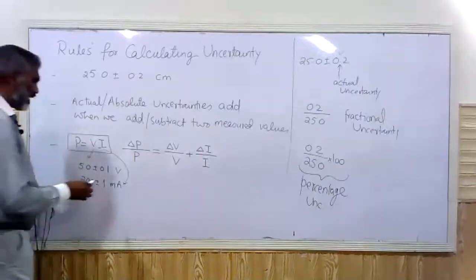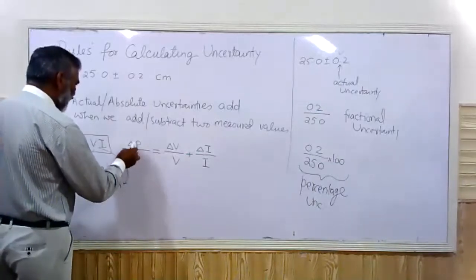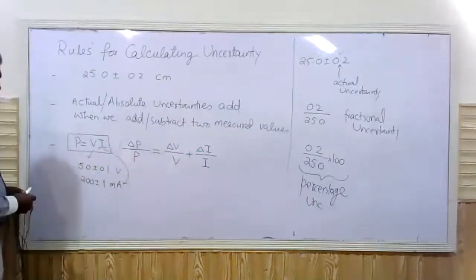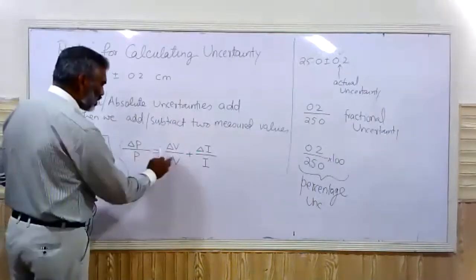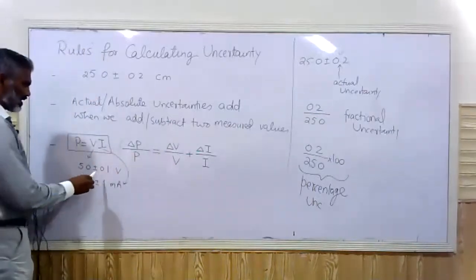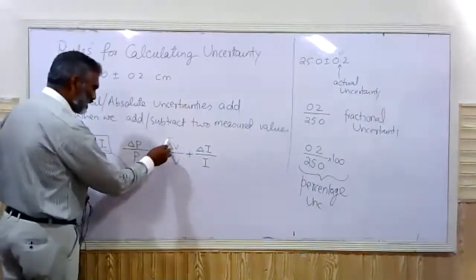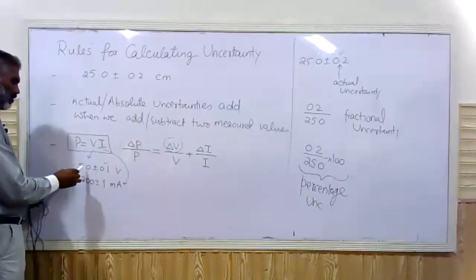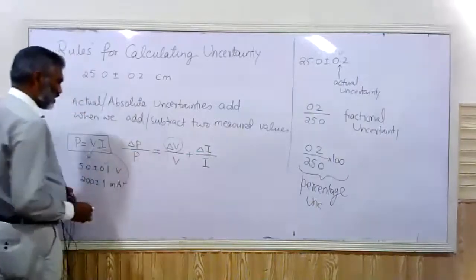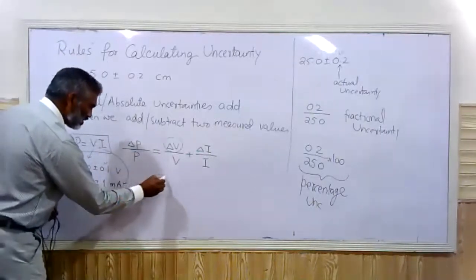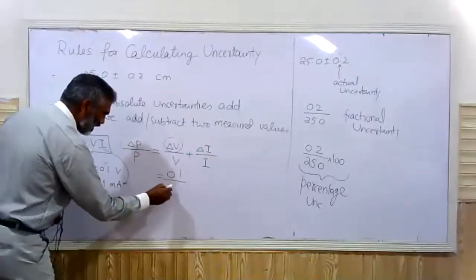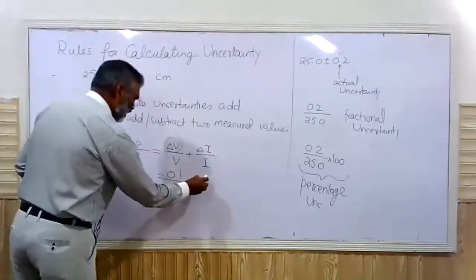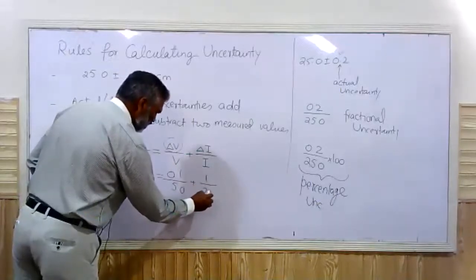Now we can find out the value of delta P over P, which is the fractional uncertainty, if I use all these values here on the right hand side. I will write 0.1 in the place of delta V, because this is the actual uncertainties in V, and 5 in place of V. So this will be 0.1 divided by 5 plus 1 divided by 200.